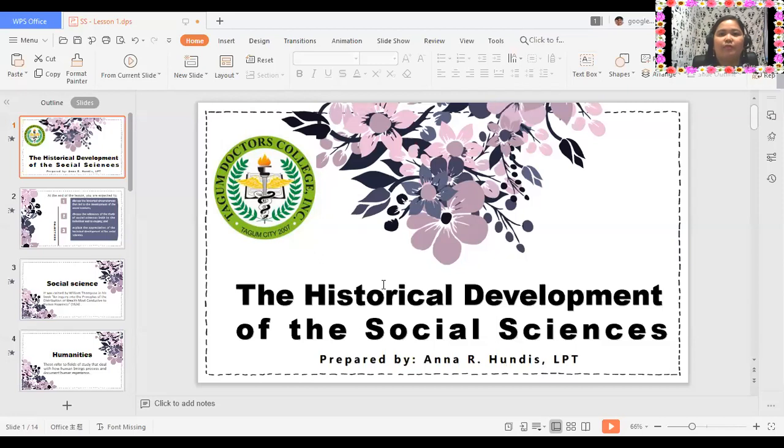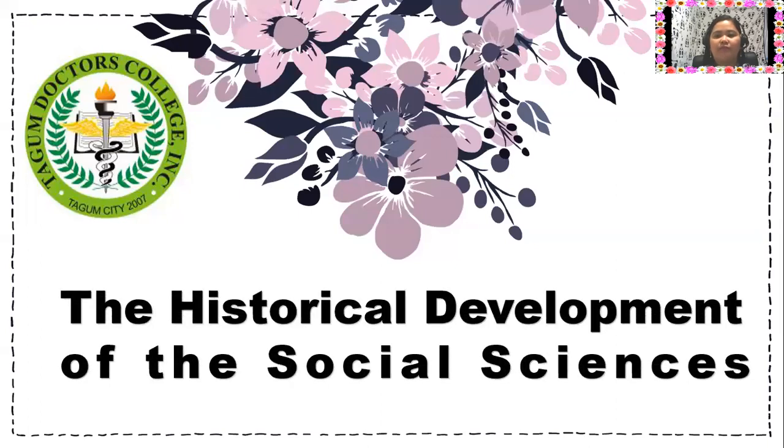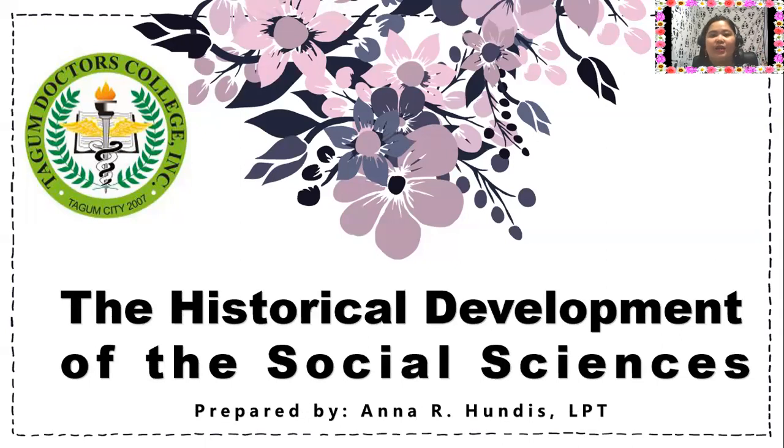In the previous week, you learned about our subject orientation. Now let's go to lesson number 1. Today we are going to learn about the historical development of the social sciences, prepared by yours truly, Teacher Anna.